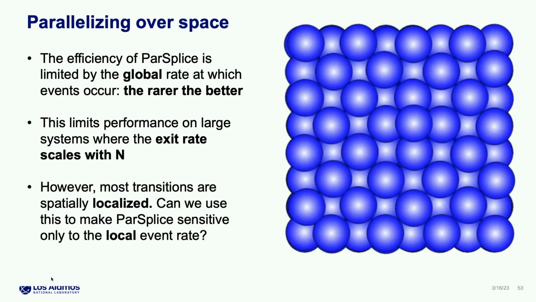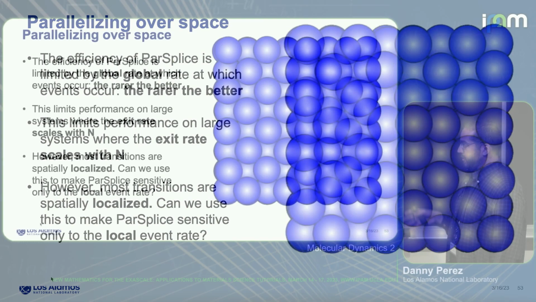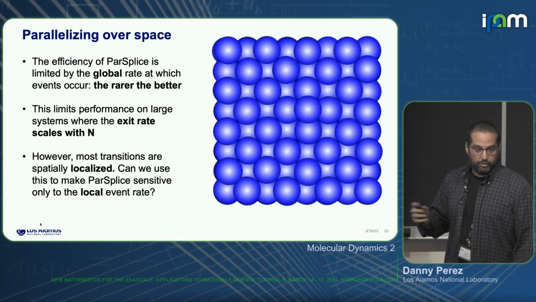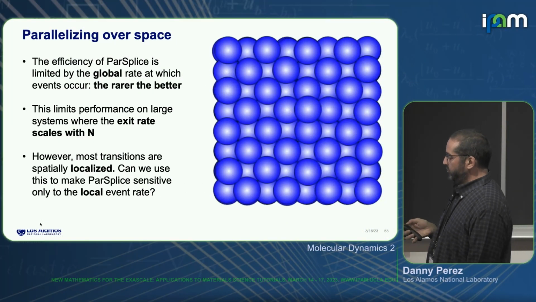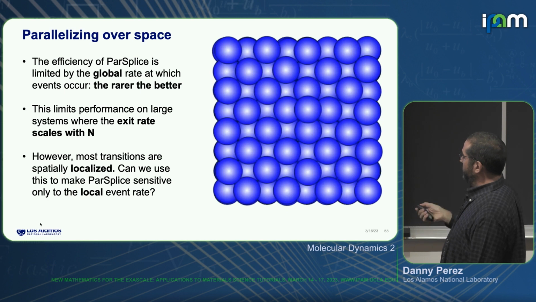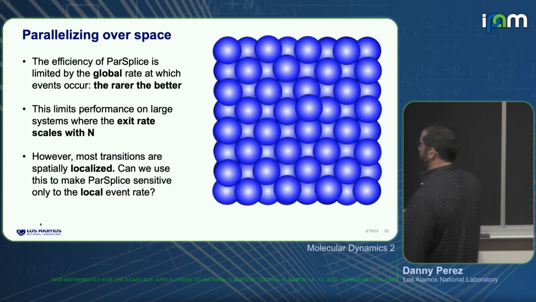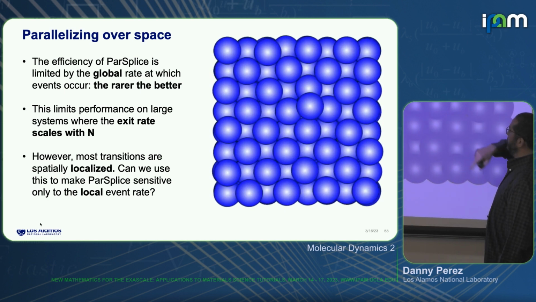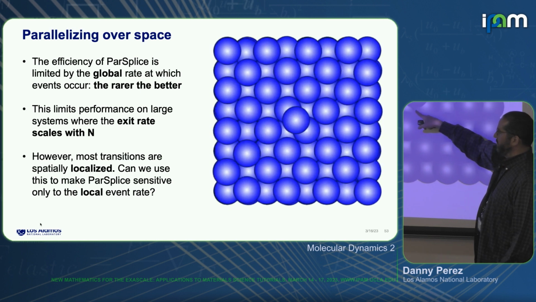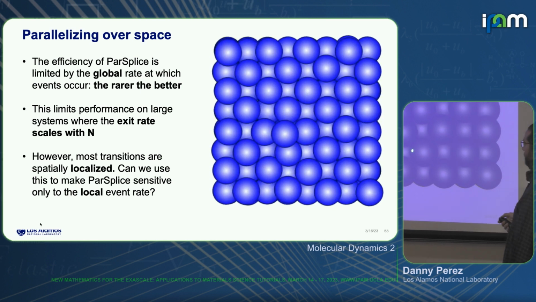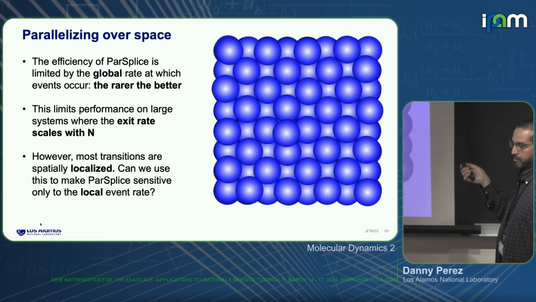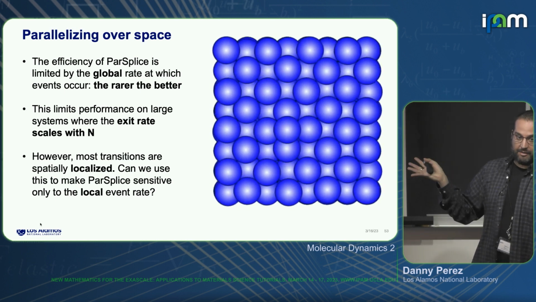But at the end of the day, efficiency of these methods relies on the fact that something is slow somewhere, right? You're getting acceleration because there was a slow component of the dynamics. If the dynamics is super fast, there's no way to speed it up. So one concern you might have is that if I take a system like the cartoon I showed you before, and maybe every 4 picoseconds some atom jumps, and now I make a system that's 4 times as big, now every picosecond something will jump, right?